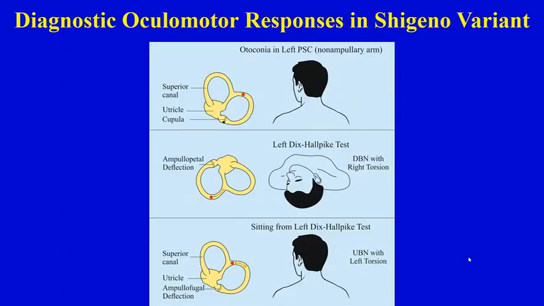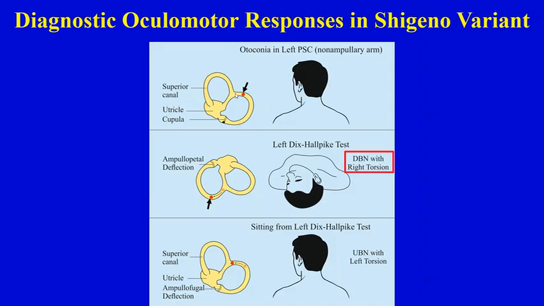So the diagnostic oculomotor responses in the Shigeno variant: the otoconal debris, in this case in the left posterior semicircular canal, is shown here. The otoconia are in the non-ampullary arm and there is no canal jam. So in the left Dix-Hallpike position, it moves ampulopetally, generating right torsional downbeat positional nystagmus.